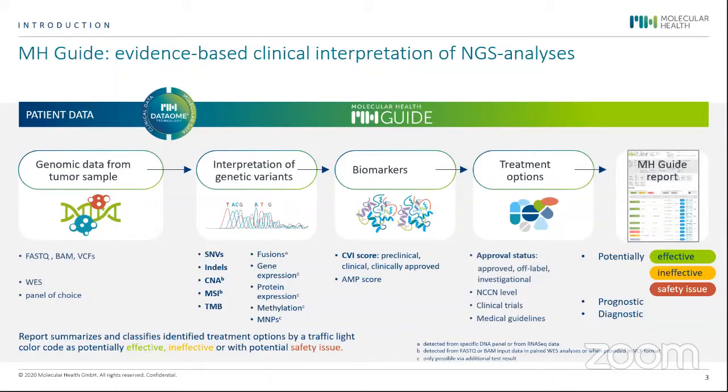And treatments are annotated with their development status: if they are approved in the specific cancer of the patient, or if they would be off-label, or if they are still developmental drugs, and so on.